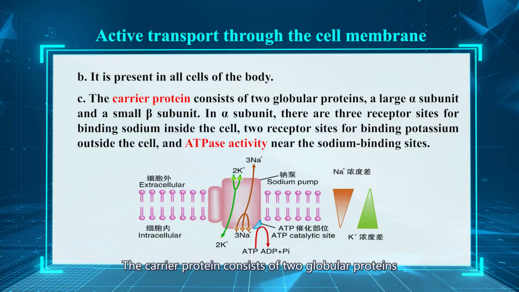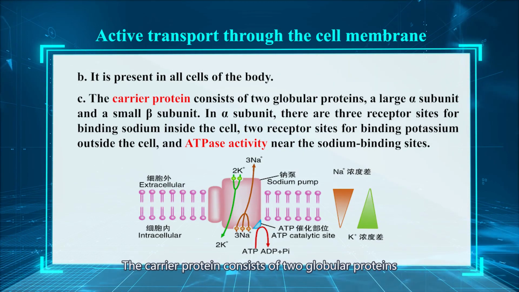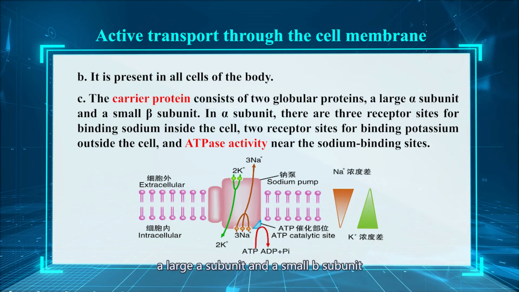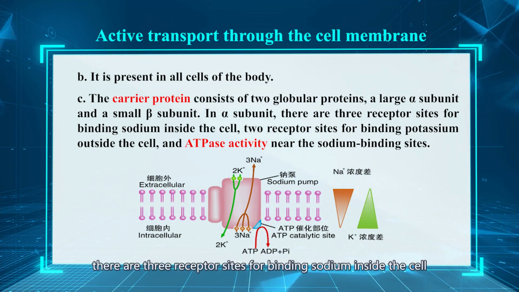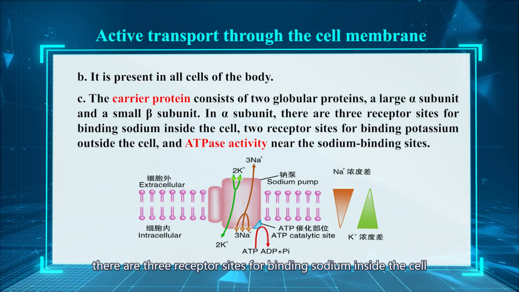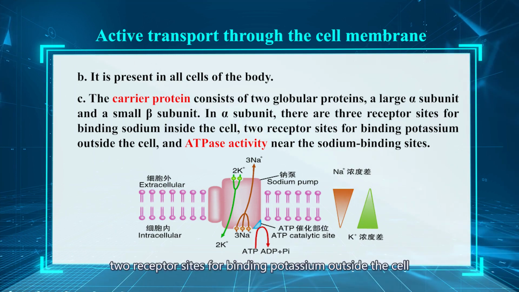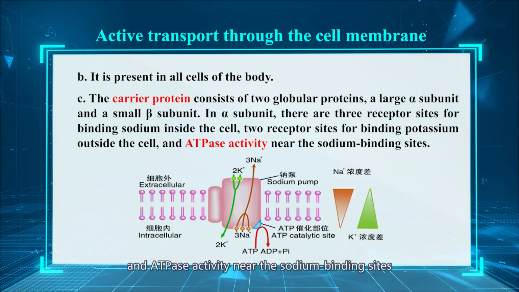The carrier protein consists of two globular proteins, a large alpha subunit and a small beta subunit. In the alpha subunit, there are three receptor sites for binding sodium inside the cell, two receptor sites for binding potassium outside the cell, and ATPase activity near the sodium binding sites.